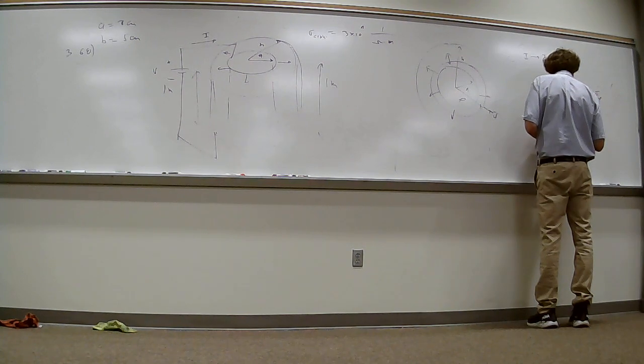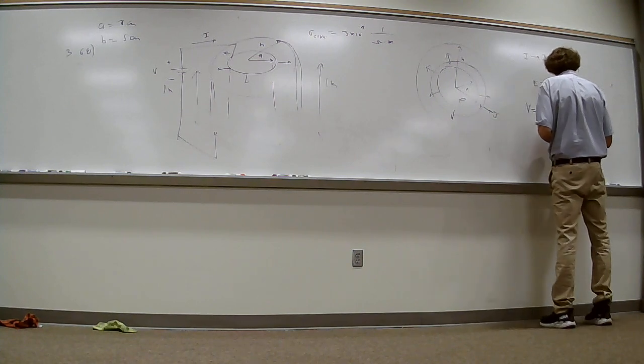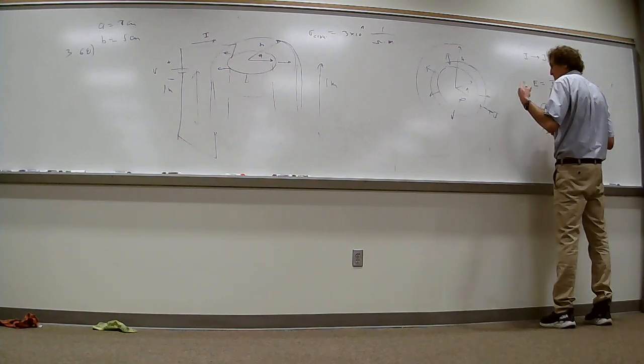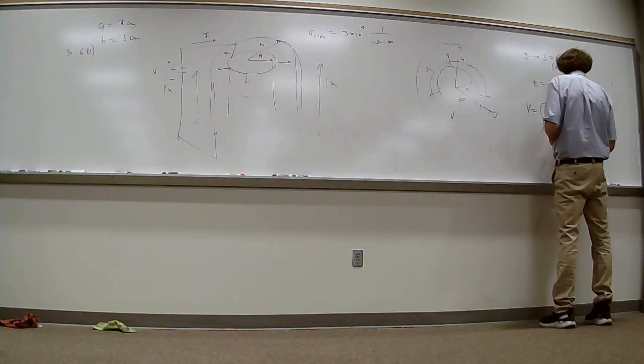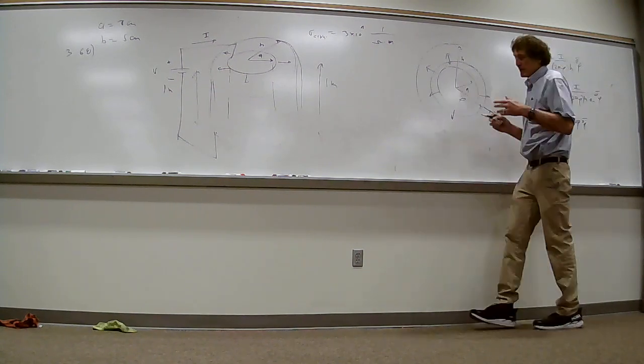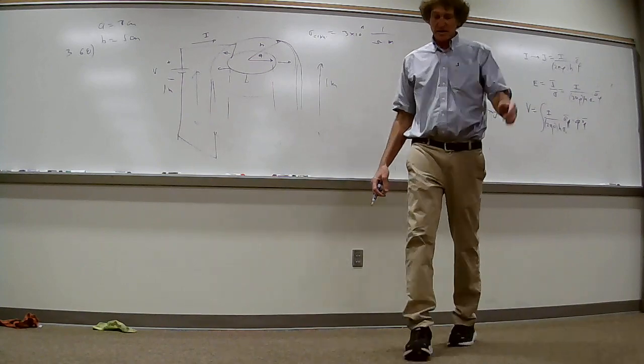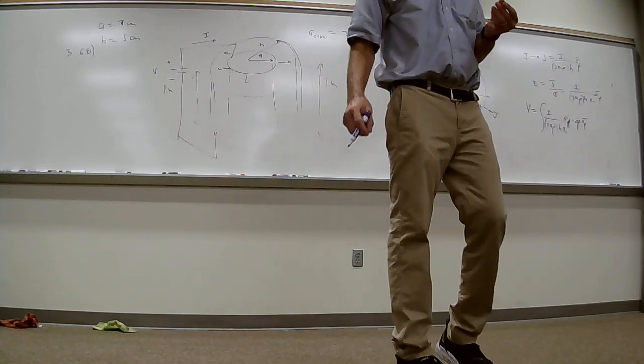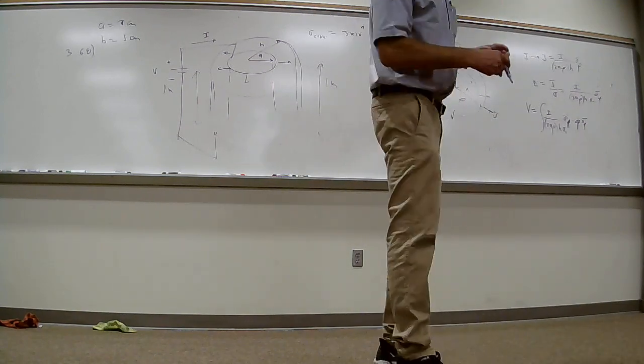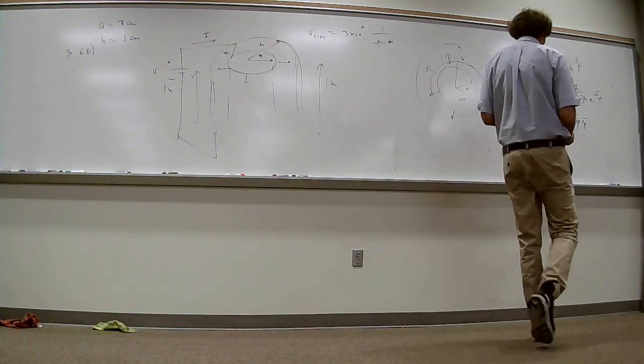I'm just going to leave this as a constant, sigma naught here. That's in the a rho direction. Now I have to dot that with dL. dL is just going to be d rho, a rho, because if you put the other terms in there, z and phi, the dot product with a rho is 0. So I don't even bother putting it there. It goes from A to B.